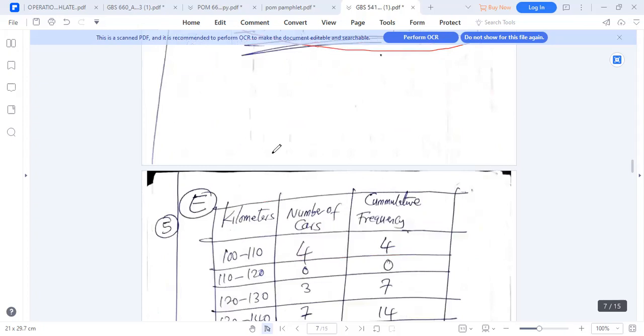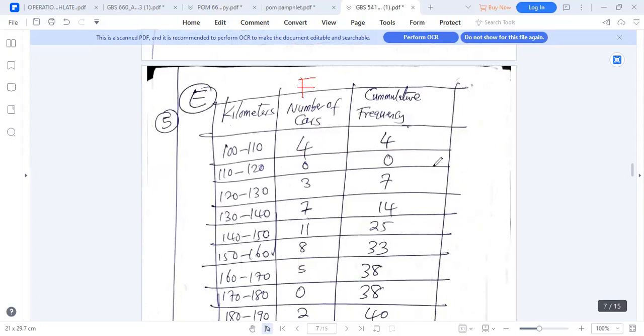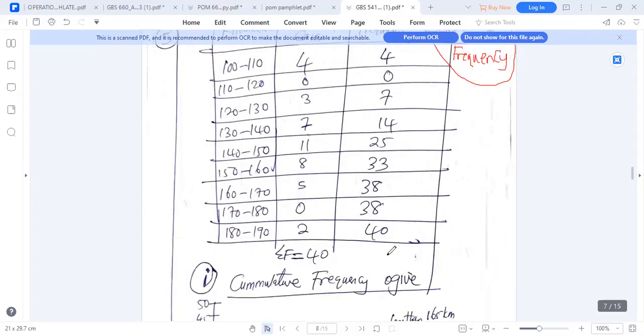Now we can get down to question E. It has kilometers and number of cars, which is the frequency. We can use this to find the cumulative frequency, the sum of frequencies. The summation gives us 40 here.